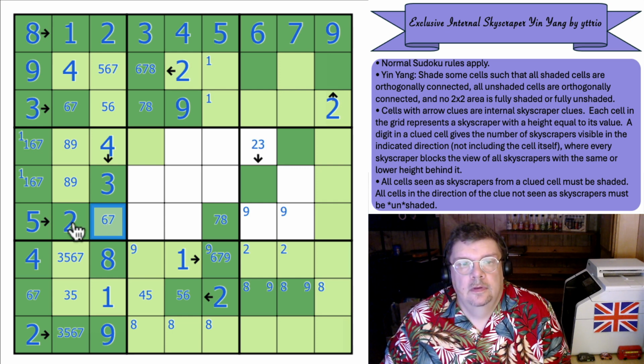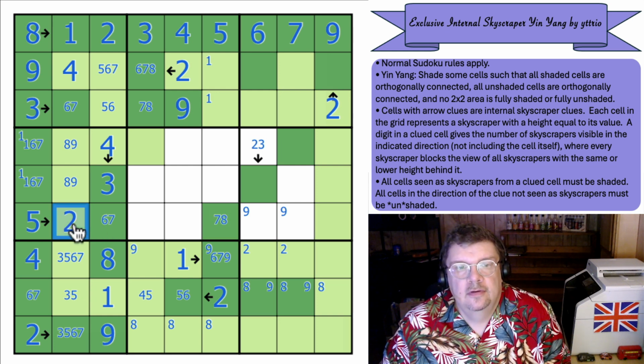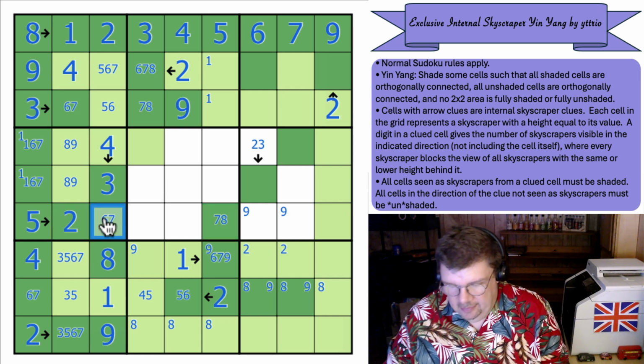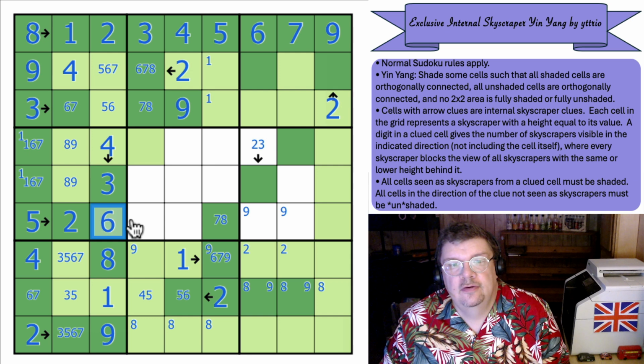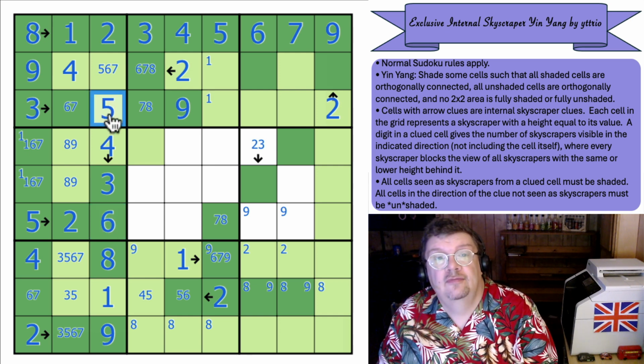Right. 2, 6, 7, 8, 9. Yes, this has been staring at me for ages. In the face. 2, 6, 7, 8, 9 is 5 digits. Now that the 5 has gone from there. Right. So that has to be a 6. There's no way you can fit it in otherwise. If that's a 6, this is 5.